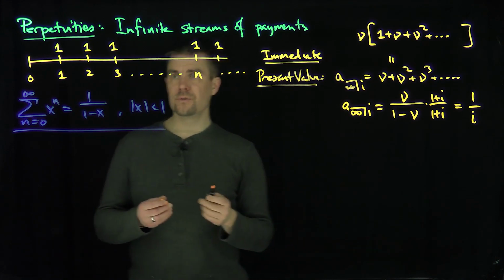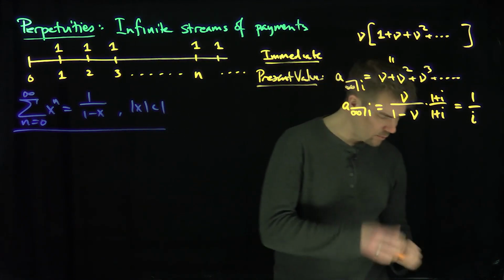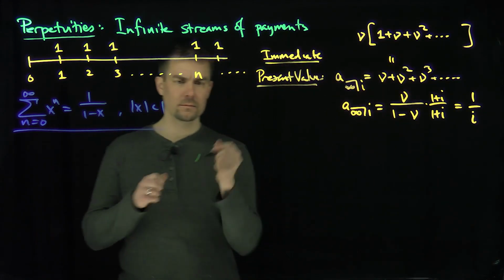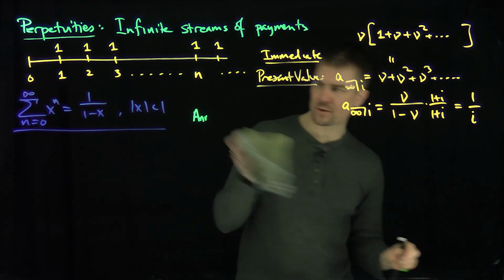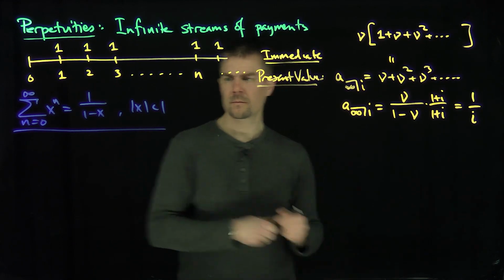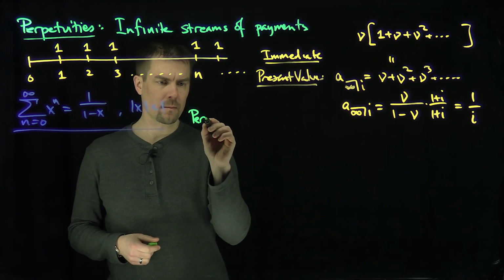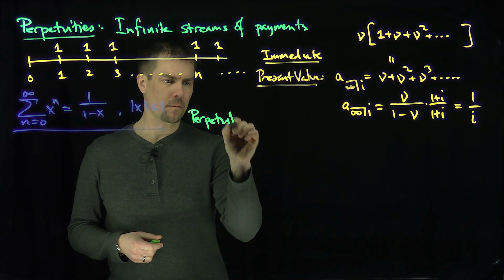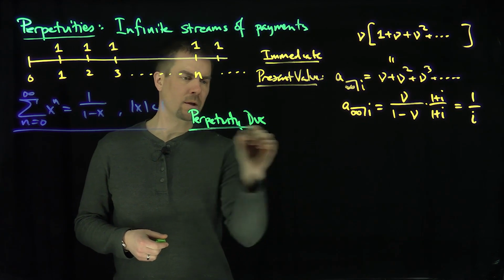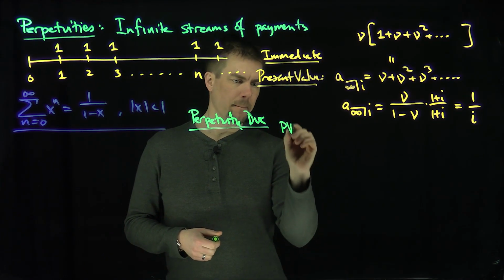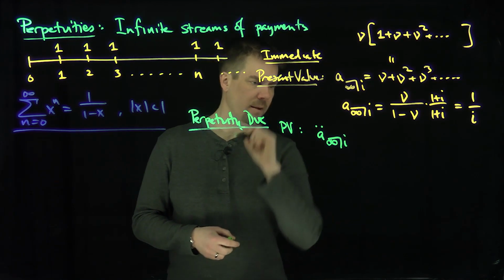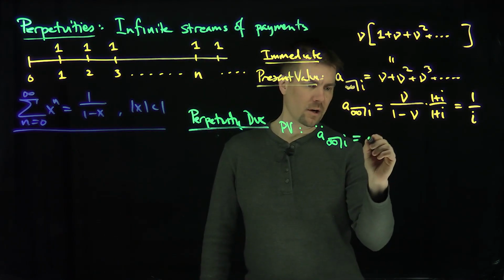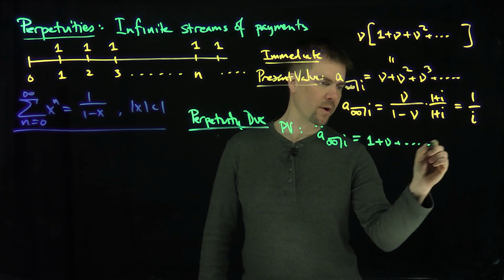Now, if I do the perpetuity due, the present value of this thing is going to be a double dot angle infinity at rate i, and that is going to start at 1 plus nu all the way up to infinity.